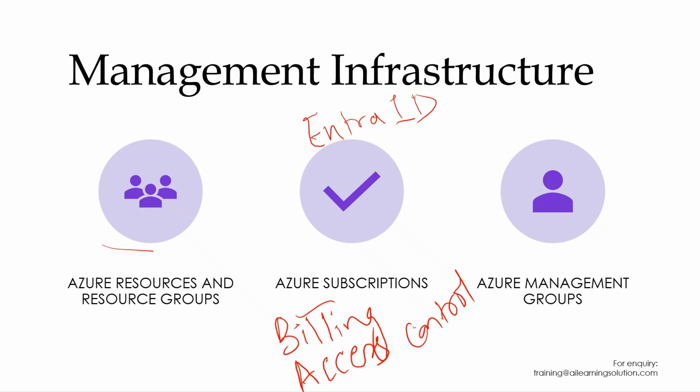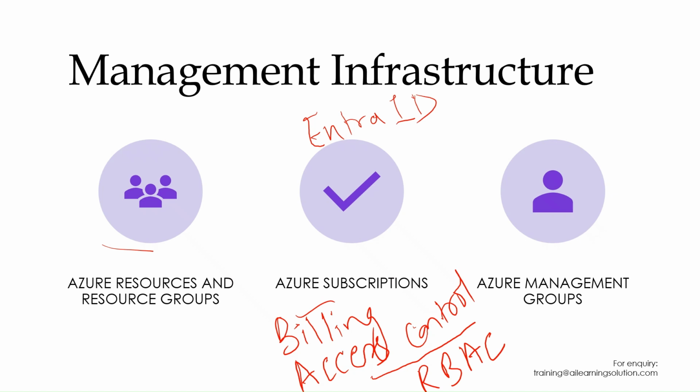The other approach, as I mentioned, is the access control boundary. It defines how permissions and policies are applied across Azure resources. Azure uses role-based access control. In this access control, you have RBAC and policy assignments at the subscription level.